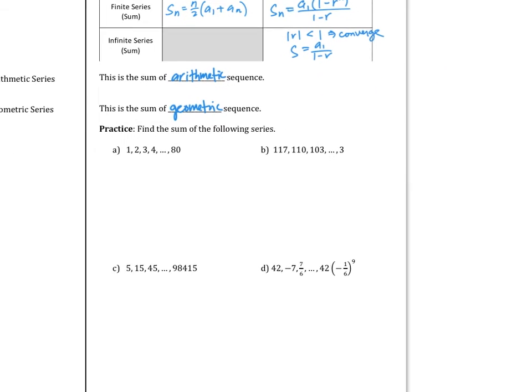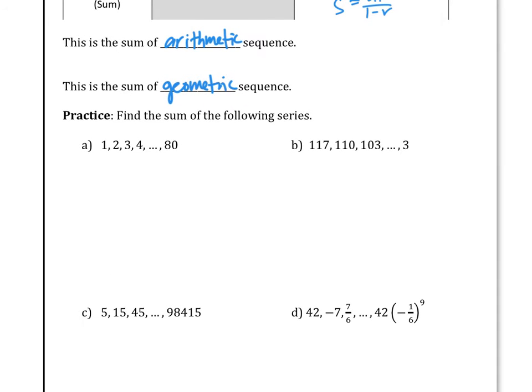All right, so let's go ahead and practice finding the sum of the series. Let's look at A. The first thing you're going to do is you always want to determine what type of series it is, and it's very apparent this is arithmetic. You're adding a number to get to the next number. Once you find out what kind of series it is, you find out how many numbers it wants you to add.